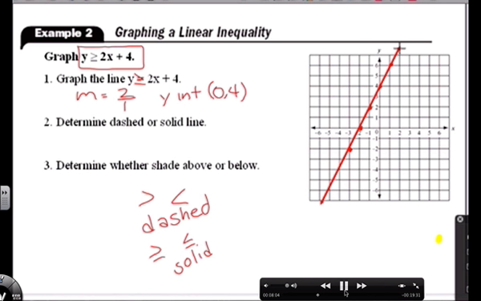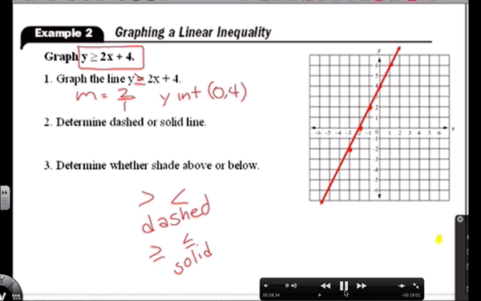We're not finished though, because what this is indicating is that only the points on this line would make this true. But that's not the case, because any of the points greater than these points would also make them true. That happens to be all of these points above the line.